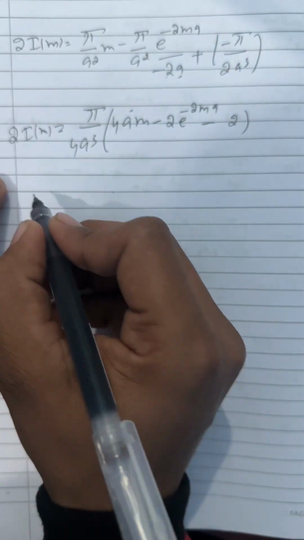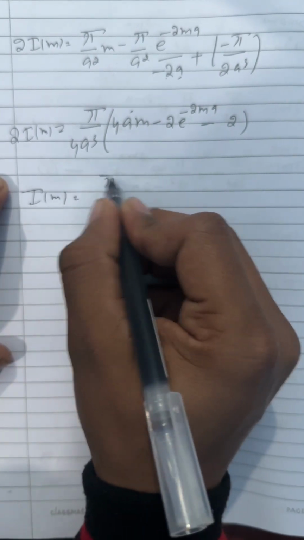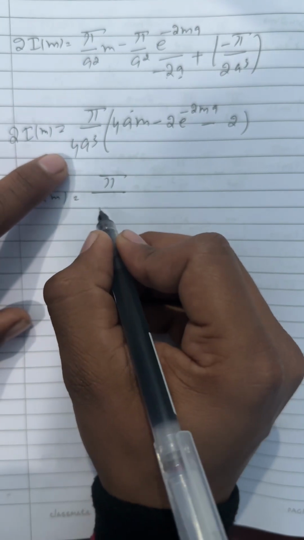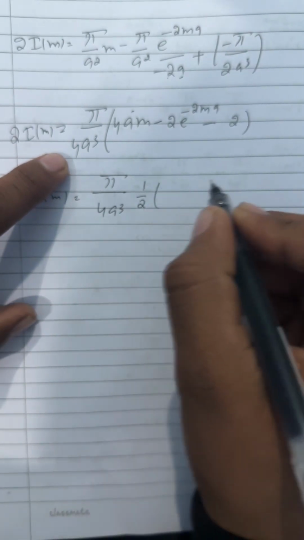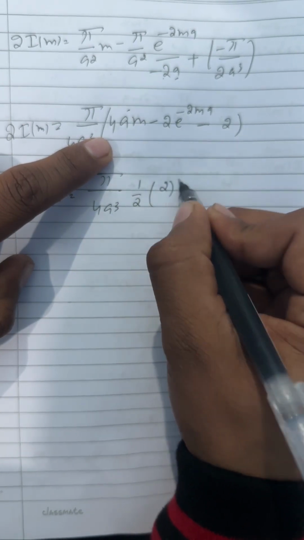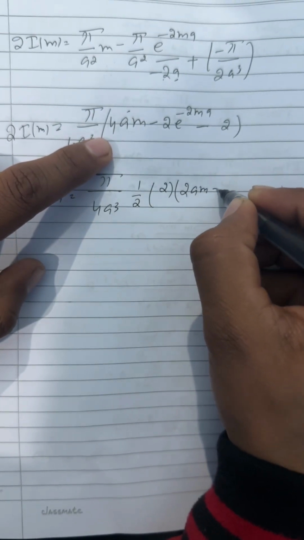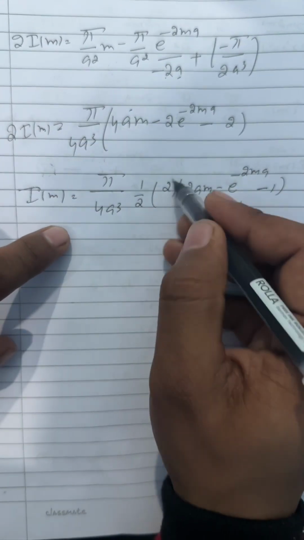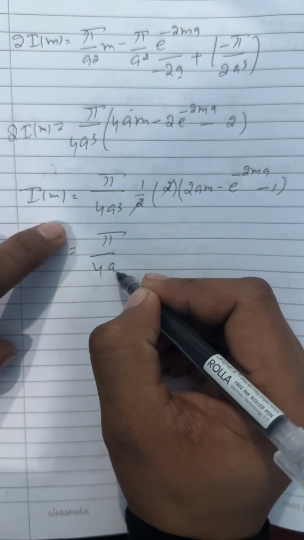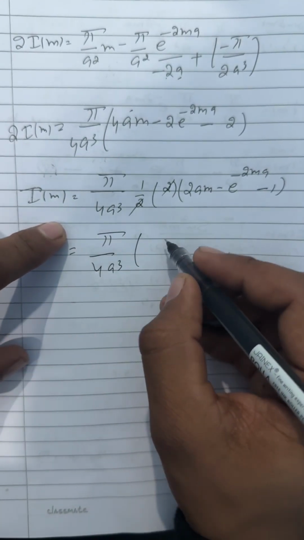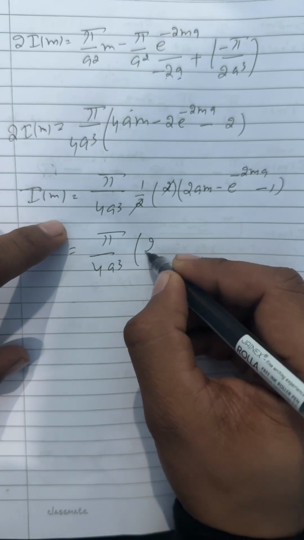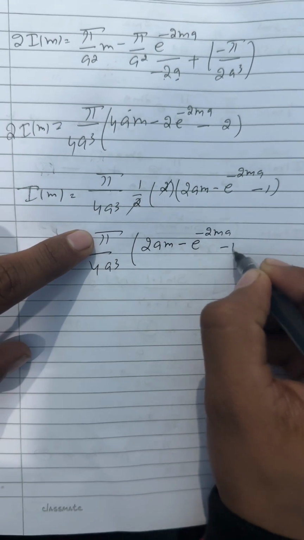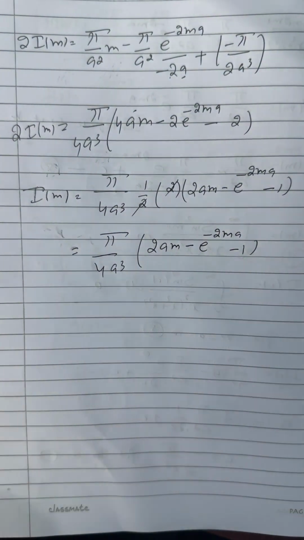Let's divide both sides by 2. Let me take 2 out as a common factor. Here we get 2am minus e raised to power 2ma minus 1. So cancel this. am minus e raised to power minus 2am minus 1. I think this is the result we have to prove.